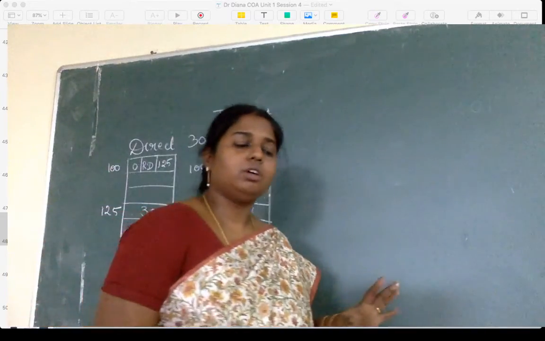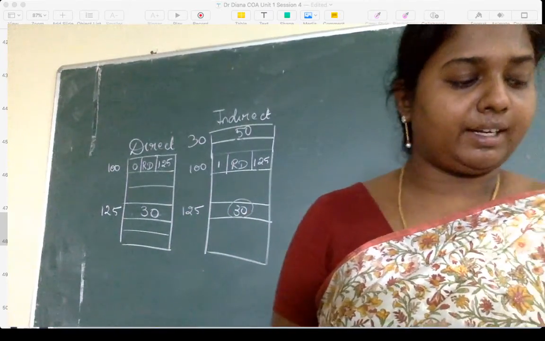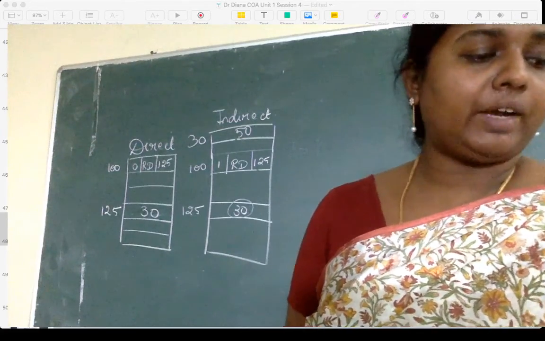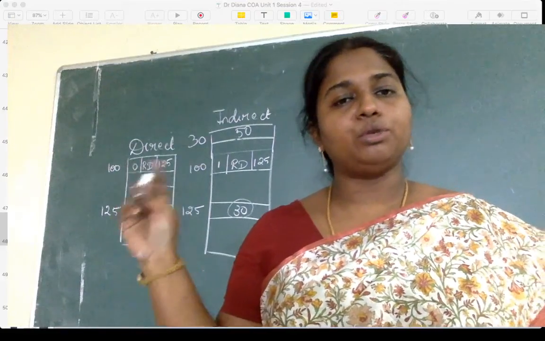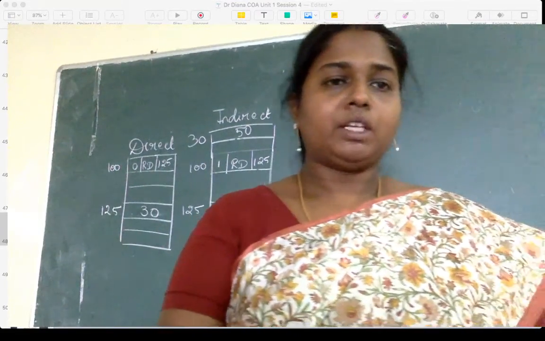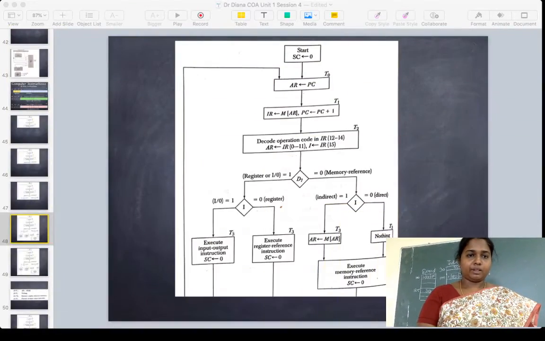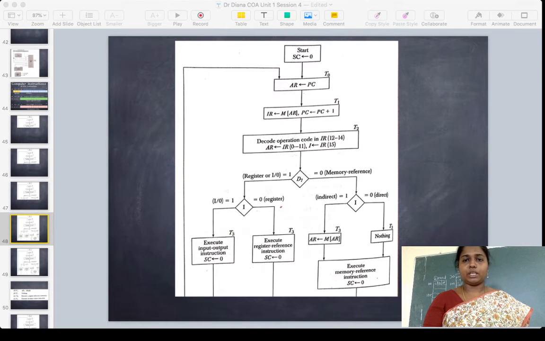Okay. Now there are two types of memory access, direct and indirect. Every time I use direct access, my value of I bit will be 0. And every time I want to use indirect memory access, my I bit is going to be 1. With this idea, now check this.